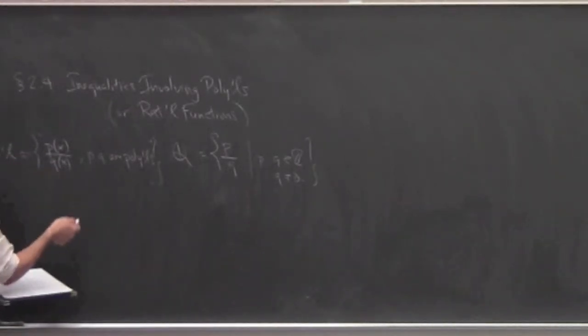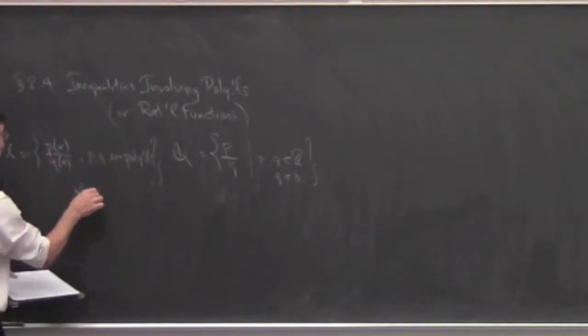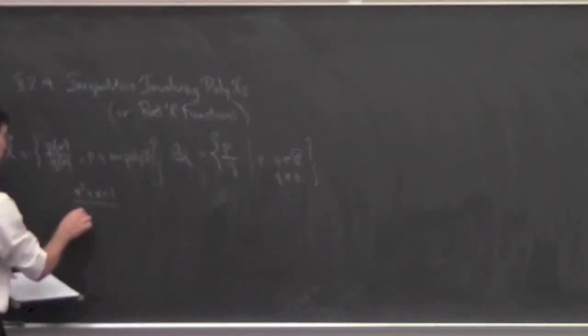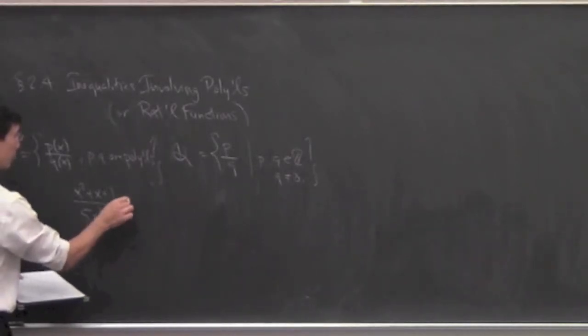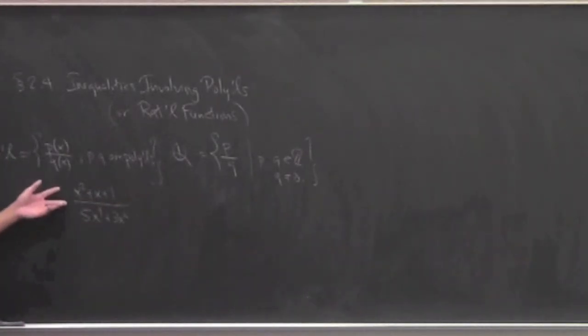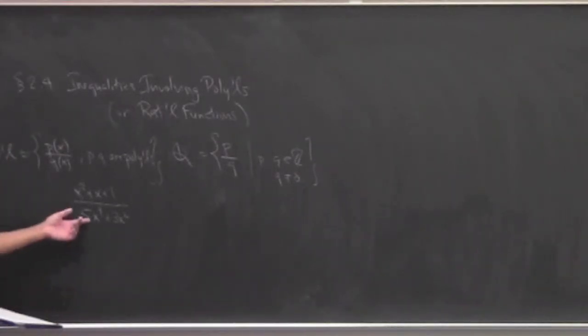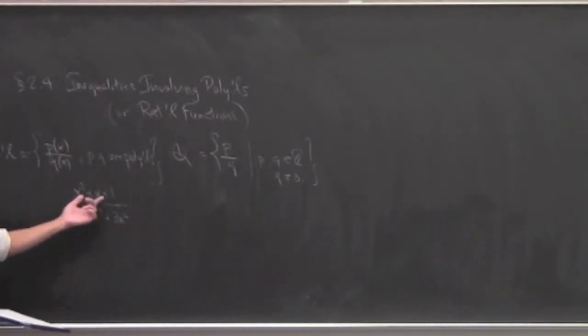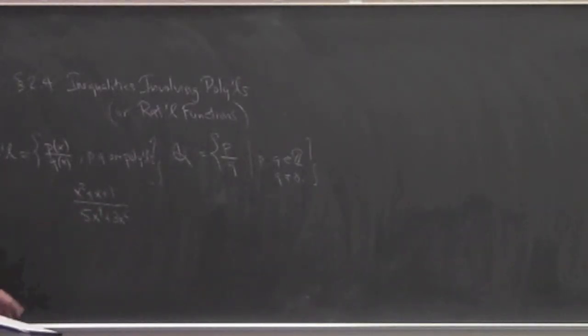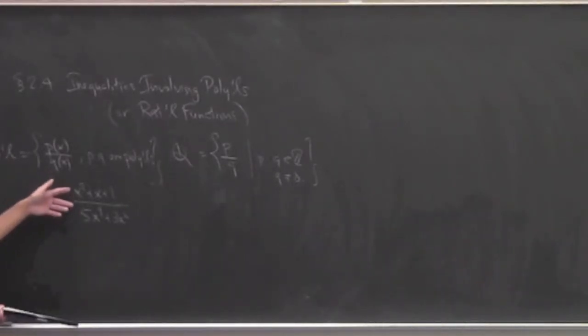So anything like x squared plus x plus 1 over another polynomial. A polynomial on top of another polynomial. You see that these things are undefined wherever the denominator has a root. And then they reach 0 where the numerator has a root. Actually, just be careful.